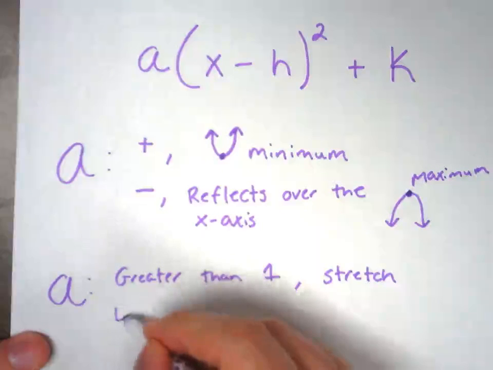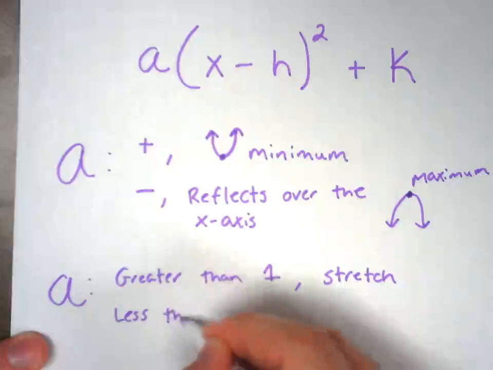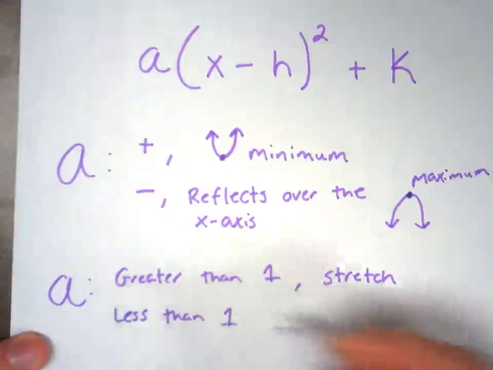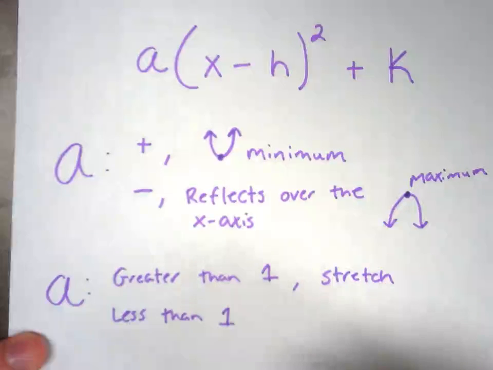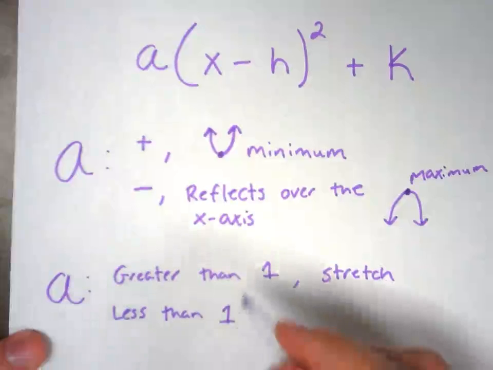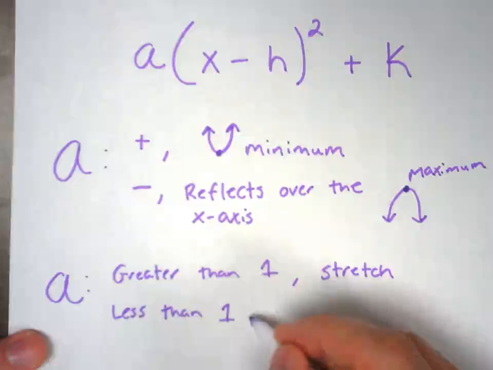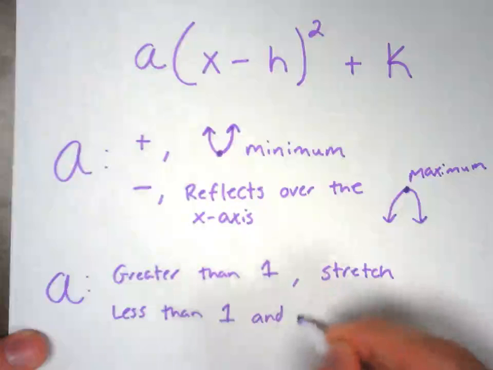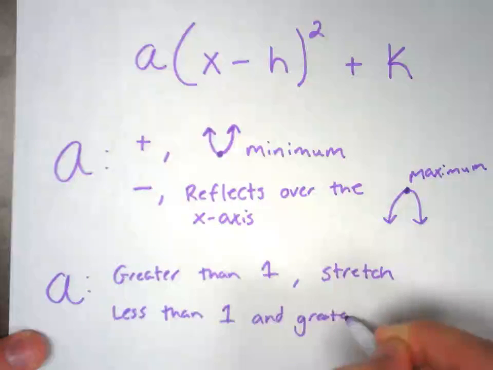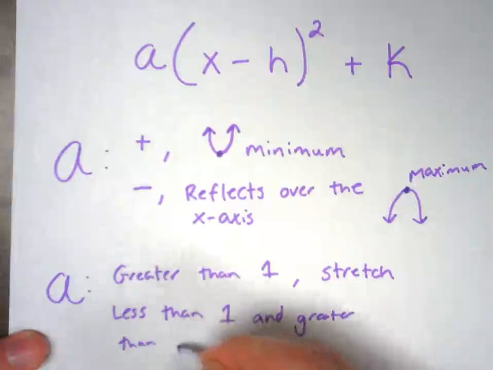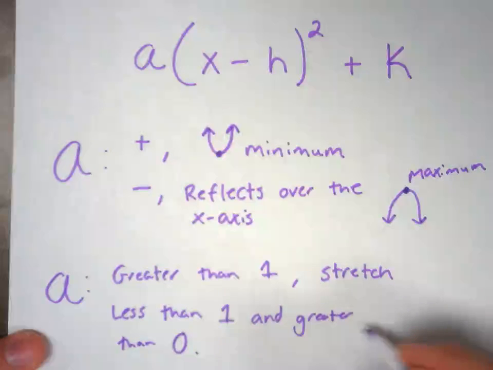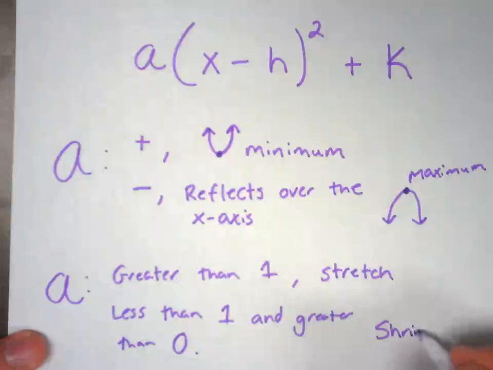If A is less than 1, and what Coach Bergdorf put down is less than 1 but greater than 0, just know less than 1. Also, I guess you can put and greater than 0. The graph will shrink.